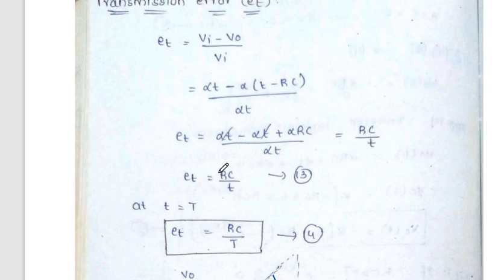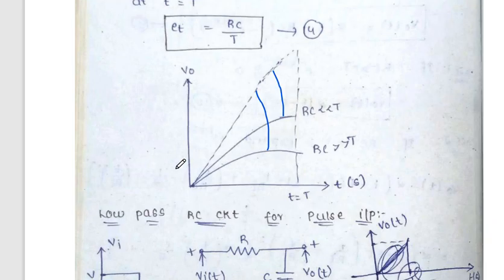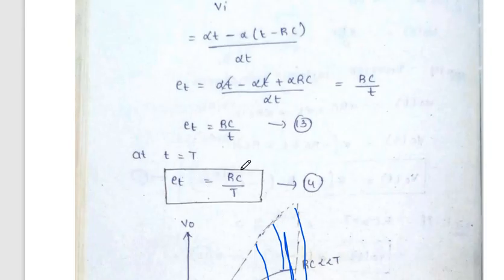Therefore, transmission error is equal to RC by t. This is the basic general expression. Now, up to the particular time period, at t is equal to T, the transmission error is given as RC by T. So, this is the final expression for transmission error.